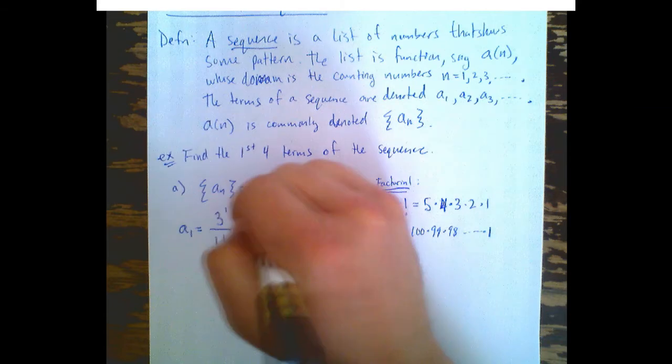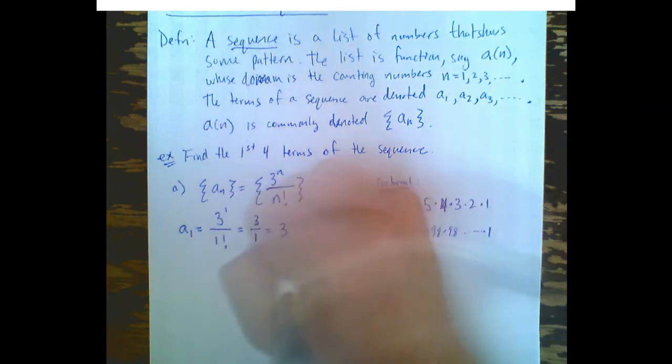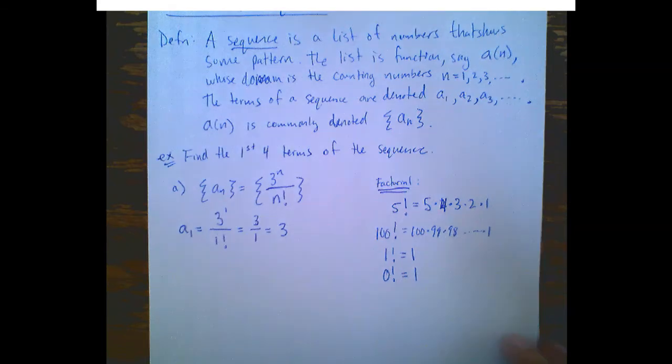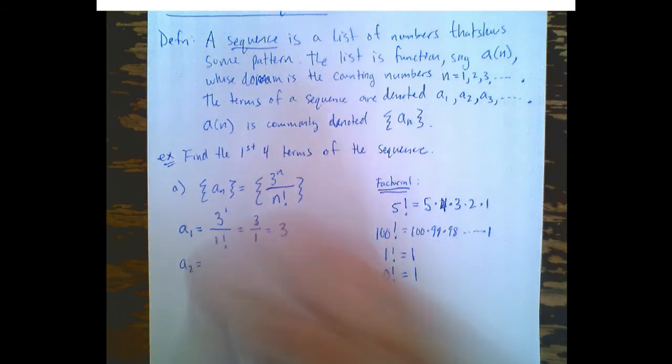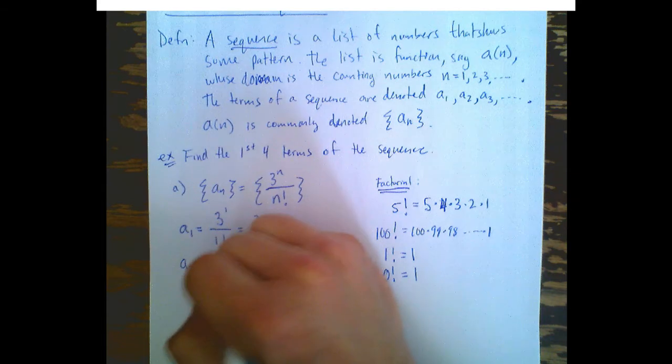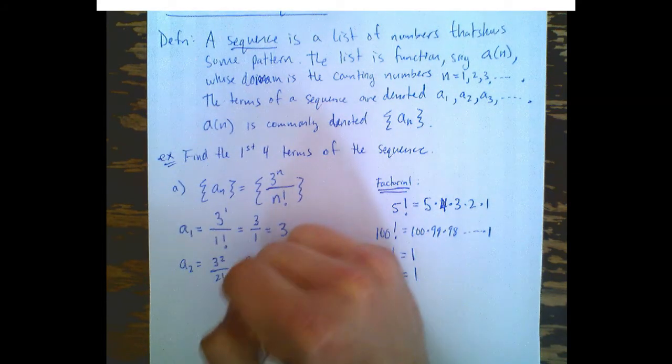What's 3 to the first? 3. 1 factorial is 1. Therefore, the first term in this sequence is 3. A2 would be 3 squared over 2 factorial, or 9 over 2 times 1, which is 2.